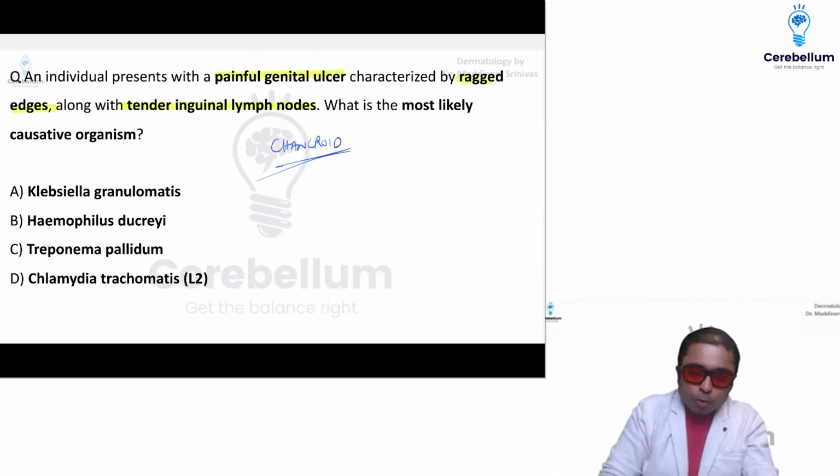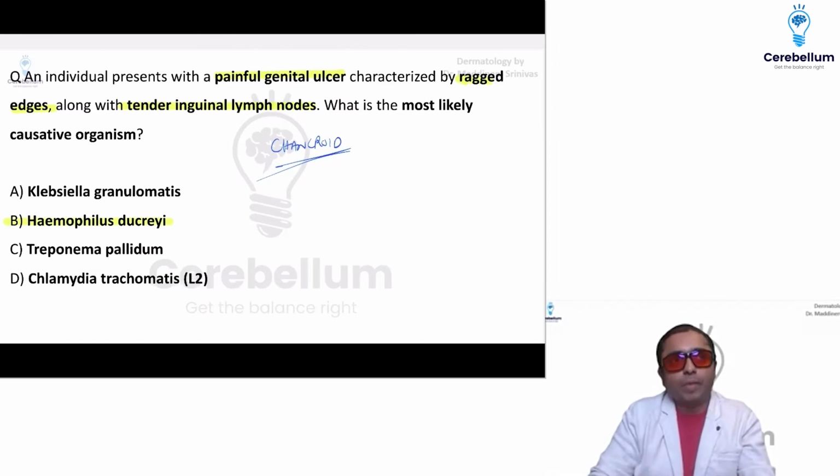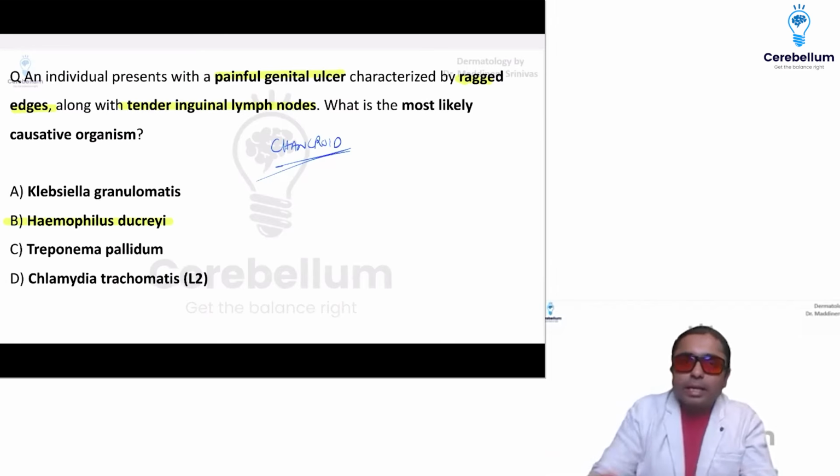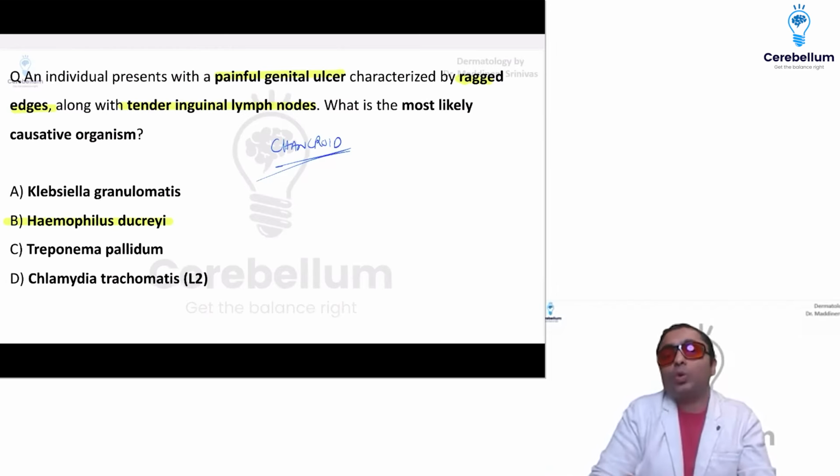So it is Haemophilus ducreyi. Like that you can easily come to the answer. This is actually a difficult question. If you don't know the clinical picture, you cannot diagnose this and you cannot know what the causative organism is, right? Acha, image was given for this question.